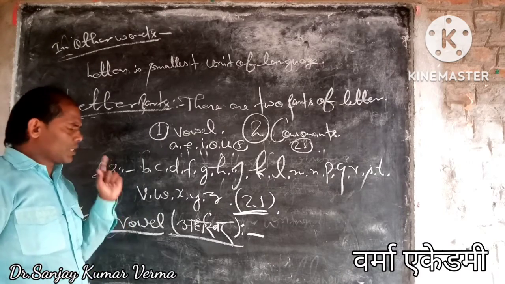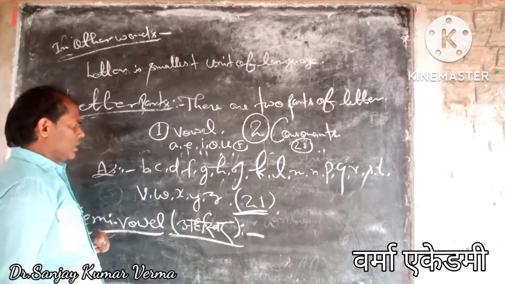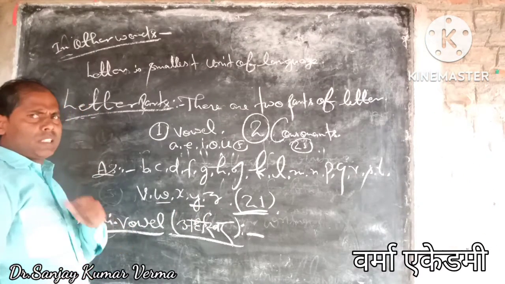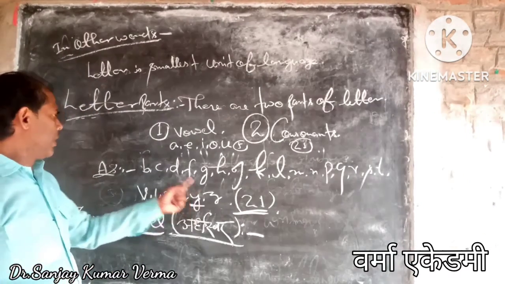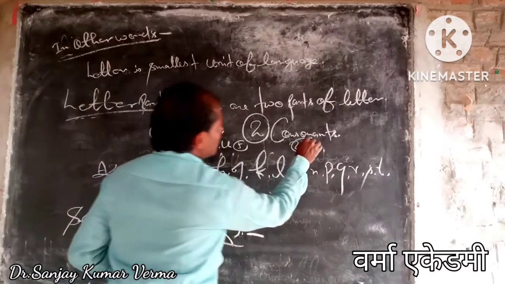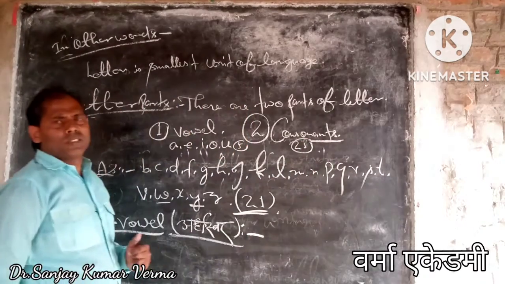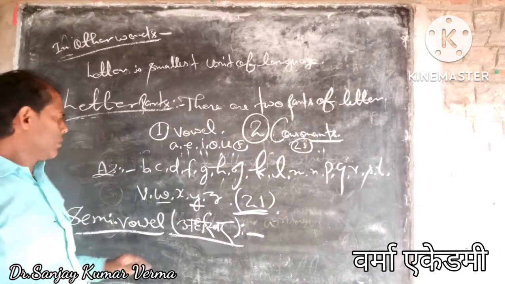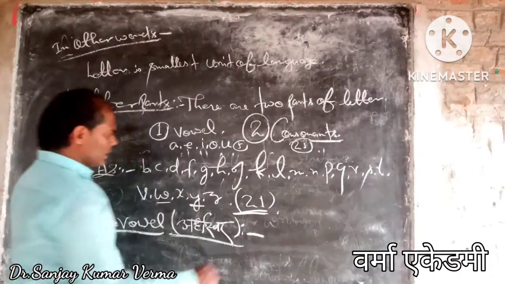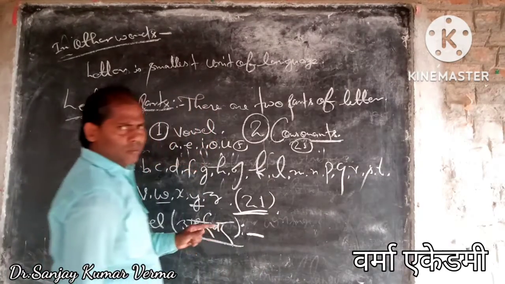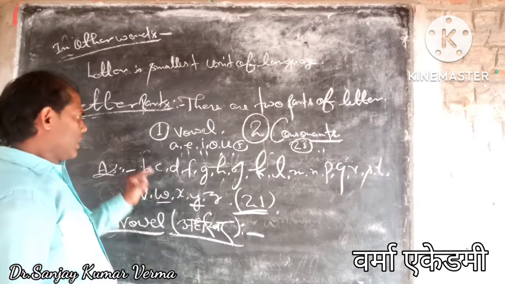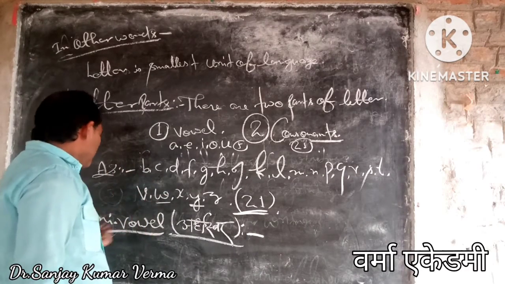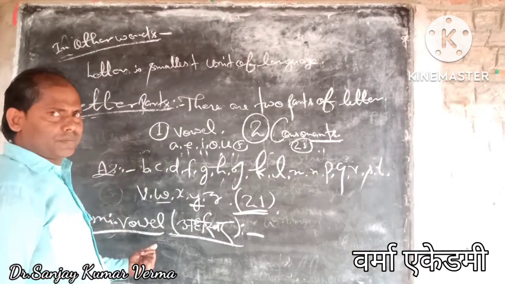When we separate W and Y from the consonants, both letters are called semivowels. Okay.